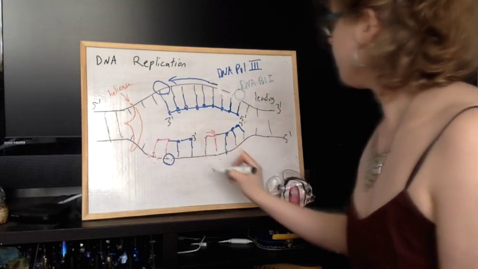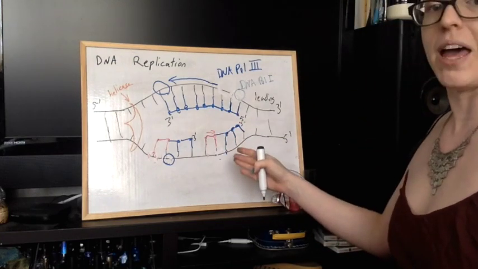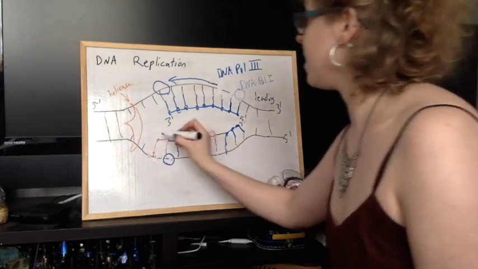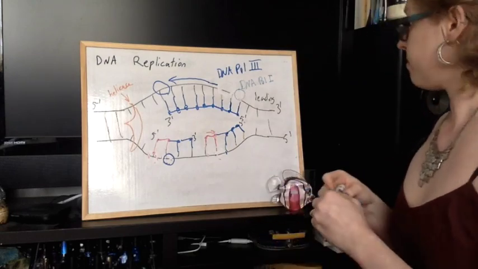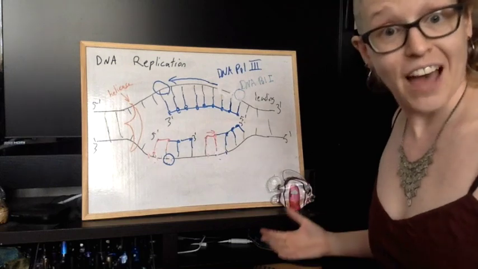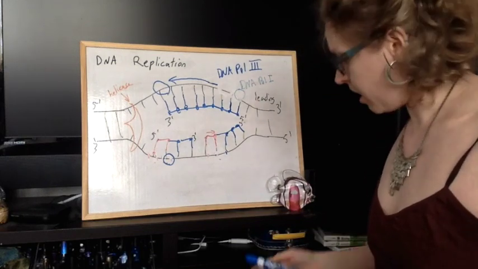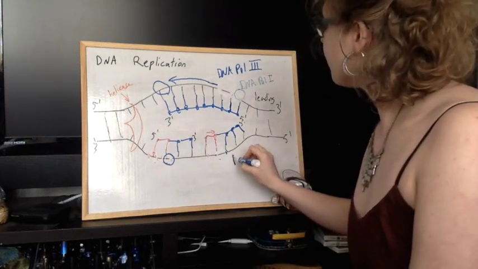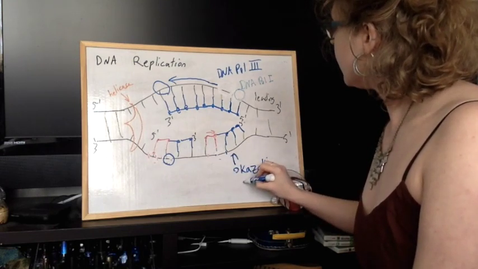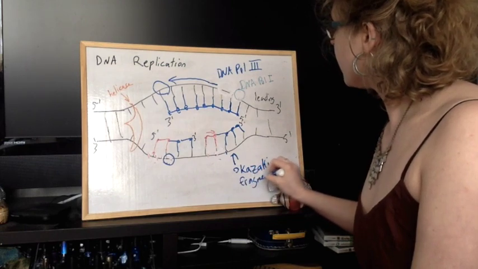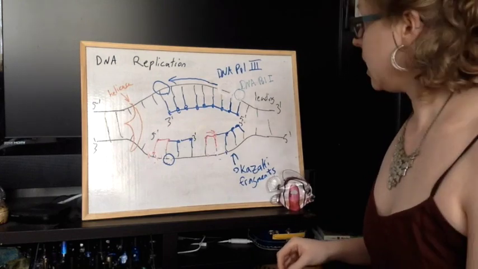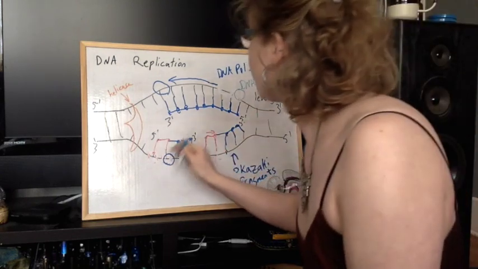So it can add things to a 3 prime end, but it can't add anything to the 5 prime end. So we have these weird gaps. That's weird. They have a name. These are Okazaki fragments. These Okazaki fragments can be further elongated by our old friend DNA polymerase 1.